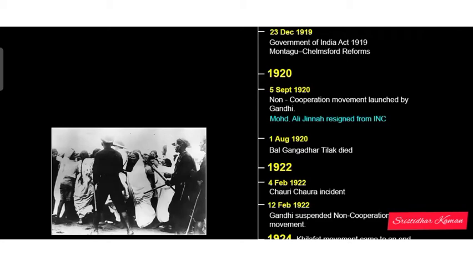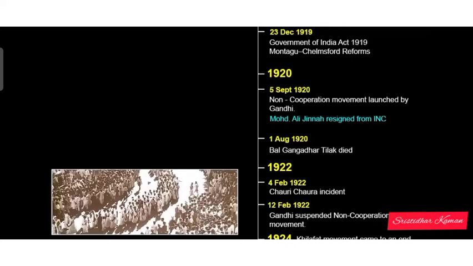As we know, the non-cooperation movement was supposed to be a peaceful and non-violent movement. However, an incident at Chauri Chaura changed the course of the movement. On 5th February, about 2,500 people marched towards the Chauri Chaura market in order to protest in front of a liquor shop. One of their leaders was arrested. A group of people then marched towards the police station, demanding the release of the arrested leader.